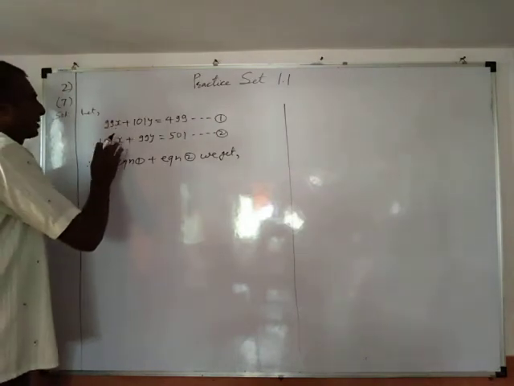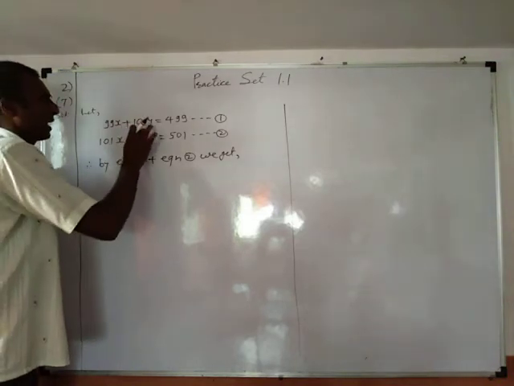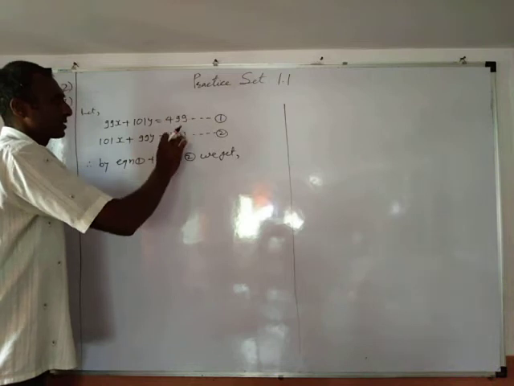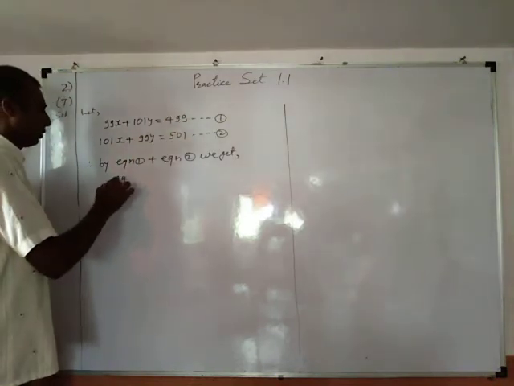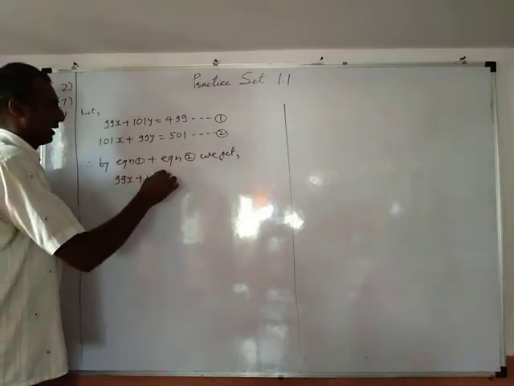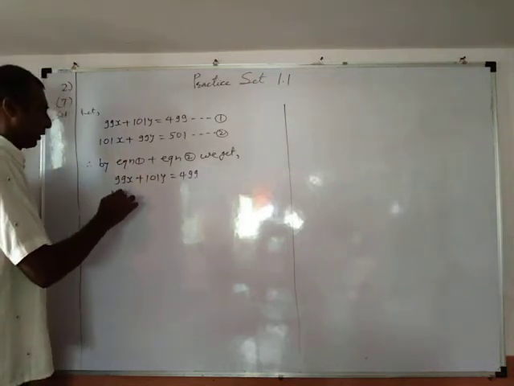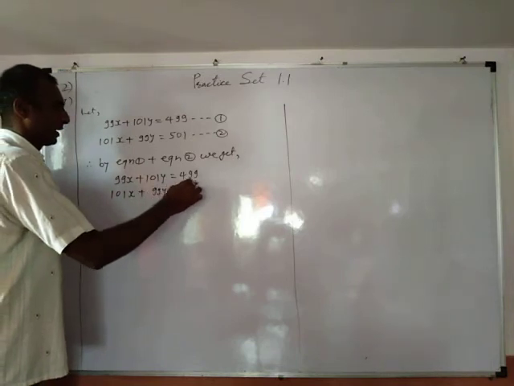99x plus 101x plus 101y plus 99y equals 499 plus 501. Okay, it is better to write one below the other. 99x plus 101y equal to 499, and the second equation is 101x plus 99y equals 501.